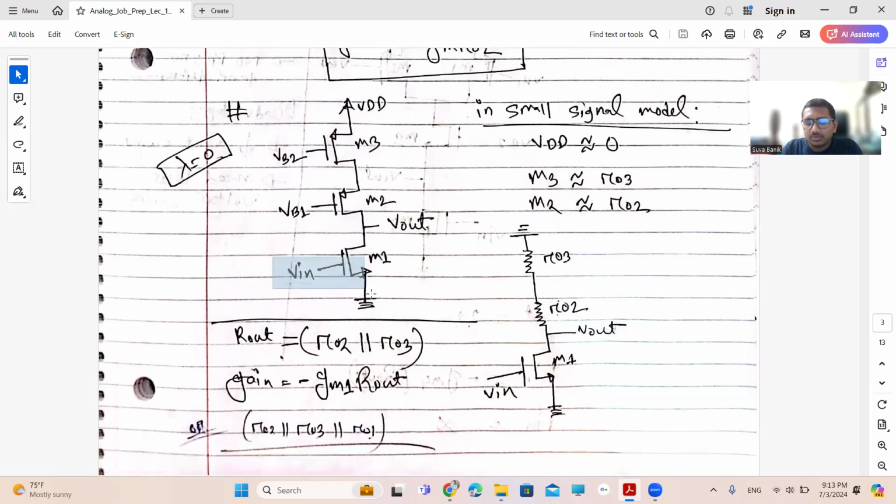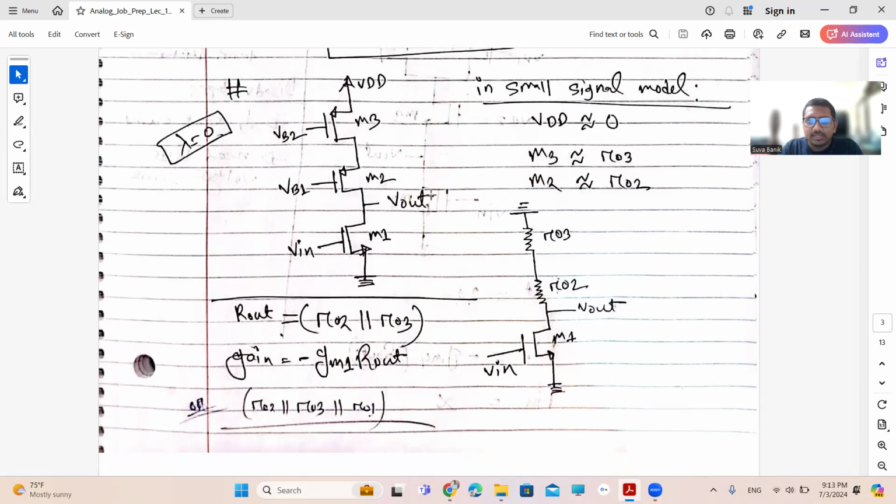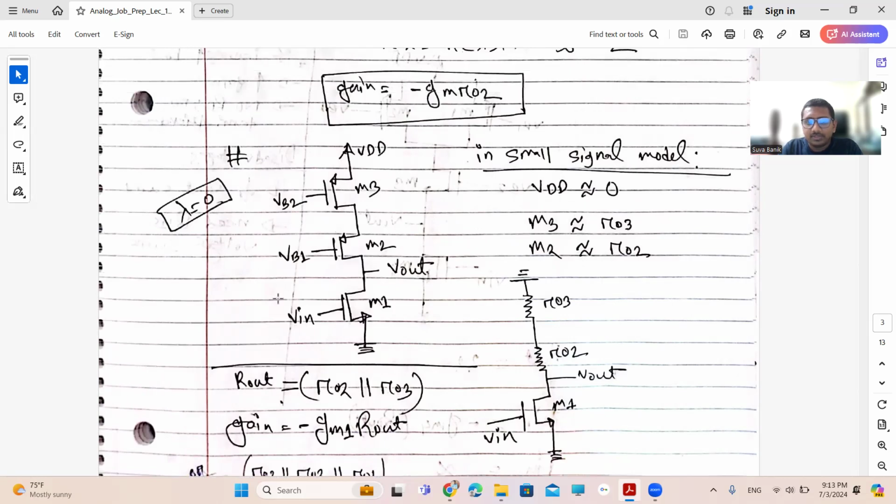Similarly, it is also a common source amplifier. If we draw a small signal model, I did not draw it there, but in the small signal model you need to remember that, other than the input, any other constant voltage source we will consider as AC ground. Please remember, it's not ground, it's an AC ground, meaning virtual ground. For example, here VDD we consider as an AC ground.